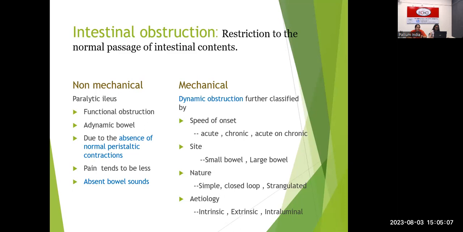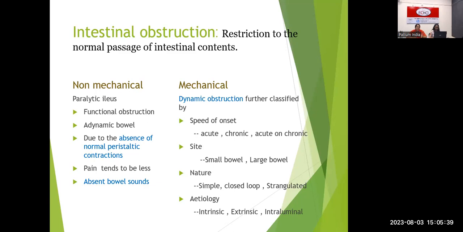Here, the pain tends to be less and there are absent bowel sounds. So this is non-mechanical. In mechanical, there is dynamic obstruction, which is further classified depending upon the speed of onset, whether it is acute, chronic, or acute on chronic; upon the site, whether small bowel or large bowel; upon the nature, whether simple, closed loop, or strangulated; and upon the cause, whether intrinsic, extrinsic, or intraluminal.